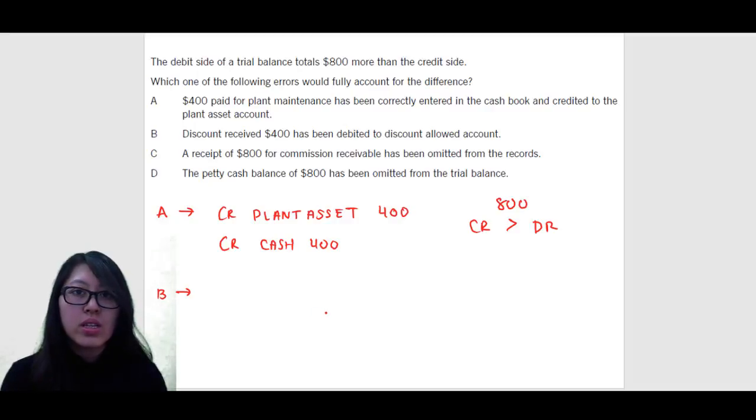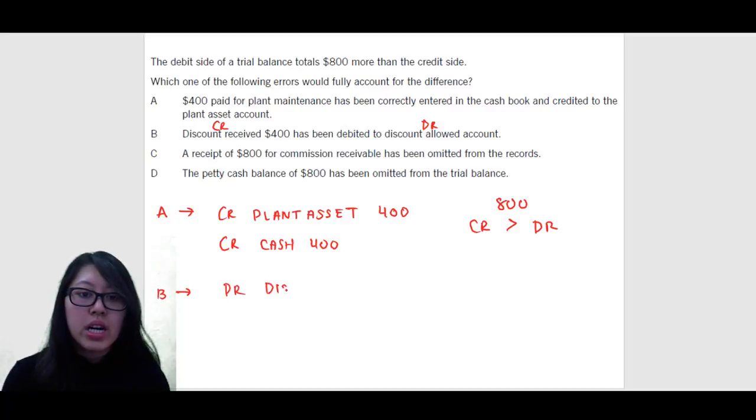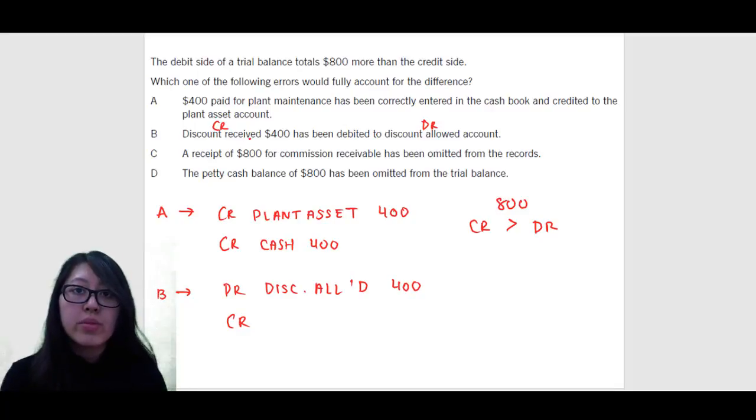Okay, discount received is a credit entry. Discount allowed is a debit entry because discount received is sort of like other income to us. So if we had debited discount allowed instead, then we would have debited discount allowed account of 400, and then we would have credited whom? Discount received we receive from our trade payables.